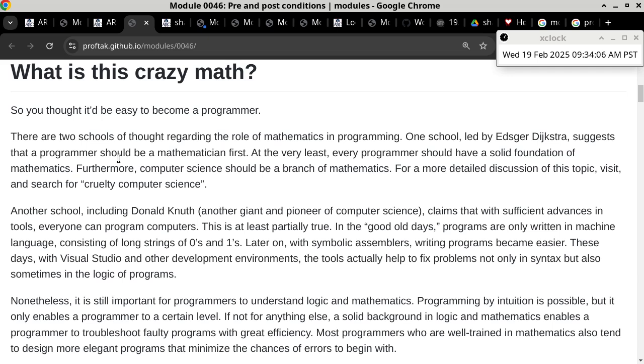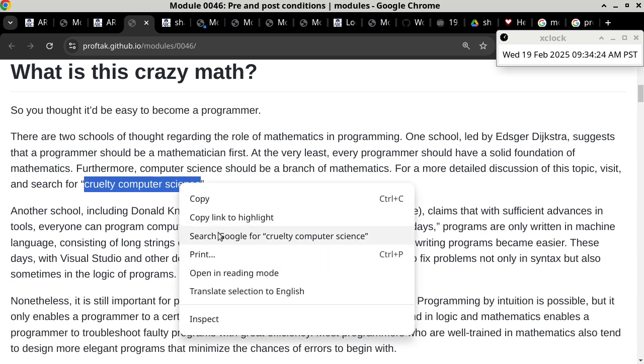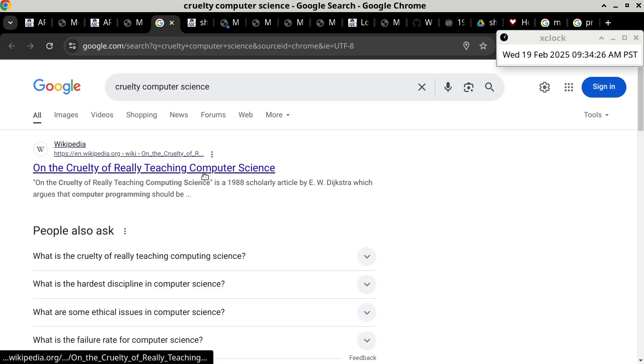This class is more of an exposure, so we don't dive really deep into the mathematical side. And this is kind of funny, I have not done this for a while. If you look up cruelty computer science, let's see what we'll find here on the cruelty of really teaching computer science.